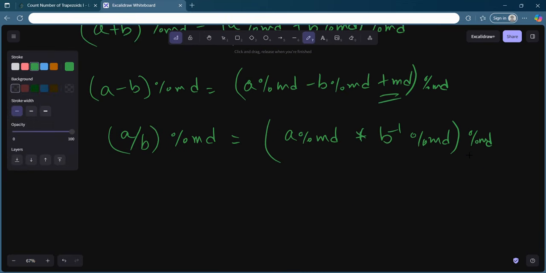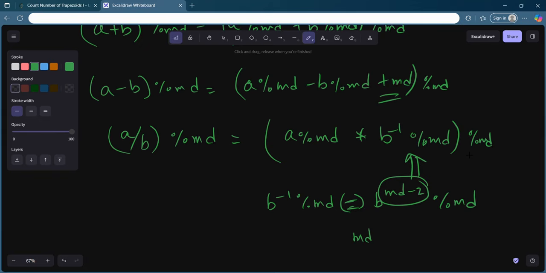It can be done using Fermat's little theorem, which says that b inverse modulo is nothing but b to the power modulo minus 2, whole modulo. So these two are equivalent, and you can replace this value by this. This is a very large number: modulo is 1e9 plus 7, so modulo minus 2 will be very large. So you can use binary exponentiation to calculate that.